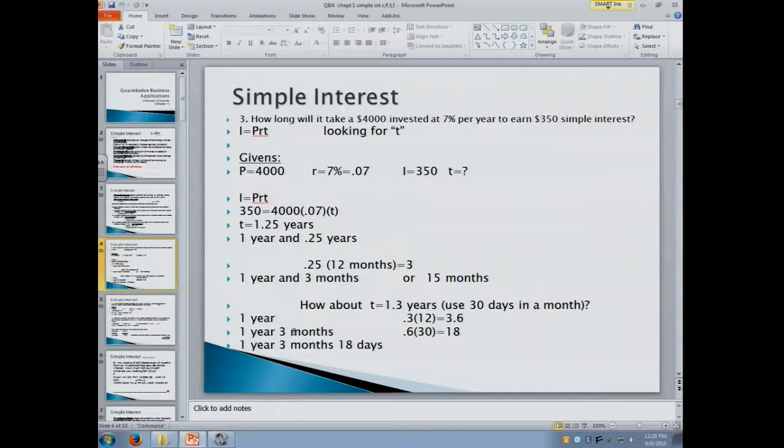So that's 3 months, but we have 0.6 of a month left. We take 0.6, and we're going to assume in this example that there are 30 days in a month. We know some months have 31, but in this case, we're going to assume 30 days. 0.6 times 30 days, we have 18 days. So 1.3 years equals 1 year, 3 months, and 18 days.